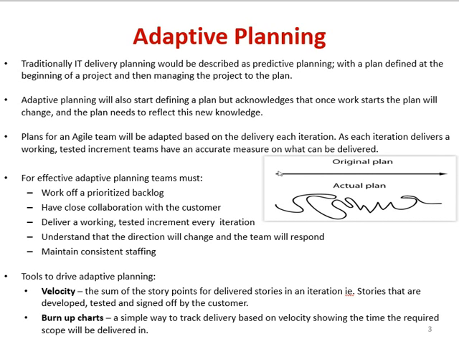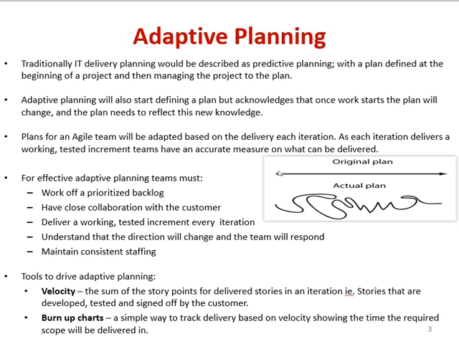So deliver a working, tested increment every iteration. Understand that the direction will change and the team will respond. We don't have a fixed vision. The vision might be hazy today and might be hazier in a later iteration, or might become more accurate. So the team will respond to change. Maintain consistent staffing. You don't do resource leveling at every iteration.